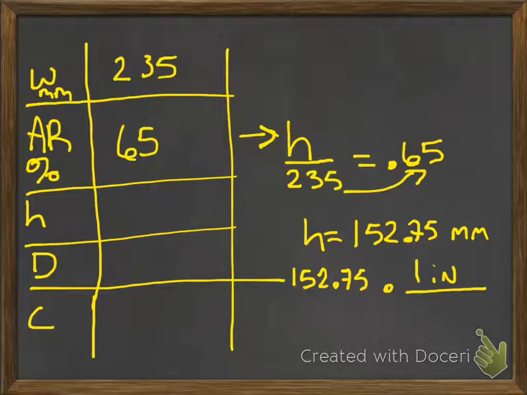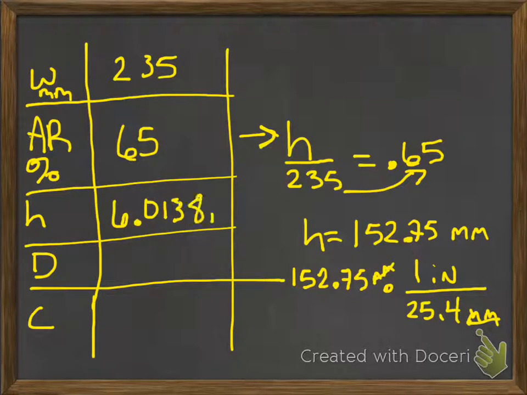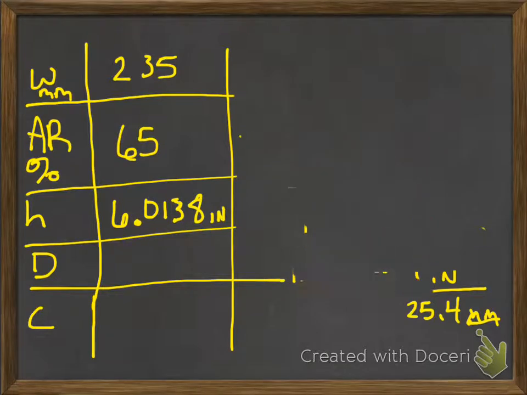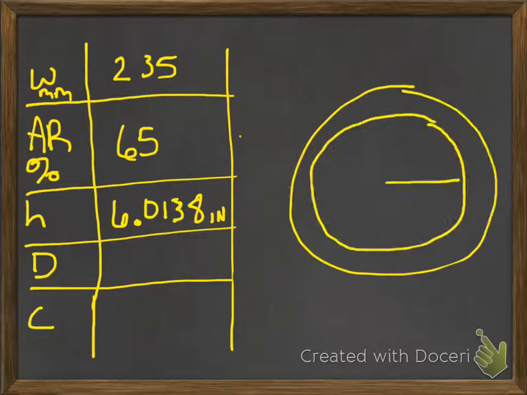You put the 152.75 millimeters times, and since it takes 1 inch for every 25.4 millimeters, we can put 1 inch on top, 25.4 millimeters on the bottom, so that way the millimeters would cancel out, leaving me nothing but inches. And then you can divide, and that would give you 6.038 inches.